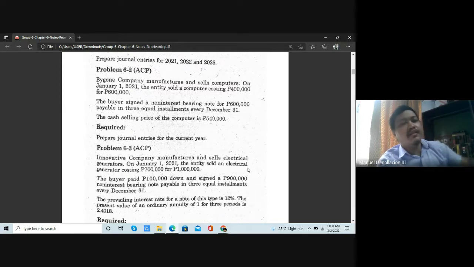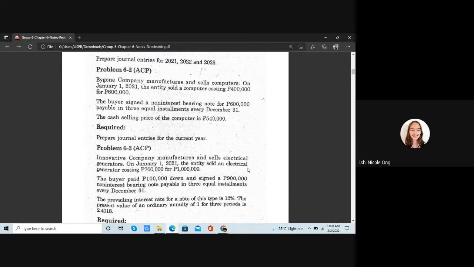So how will you explain that your entry is 600,000 but the amount that you will report in your financial statements will only be 540? Because in the first place, everything that will appear in your financial statements will be based on your entries. So if your entry is 600, why will your financial statements be 540?